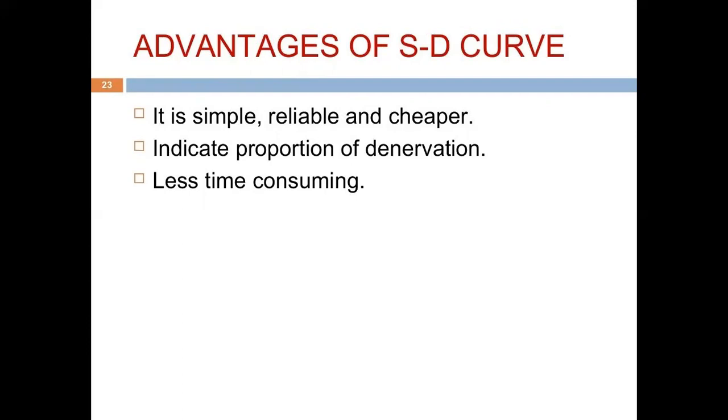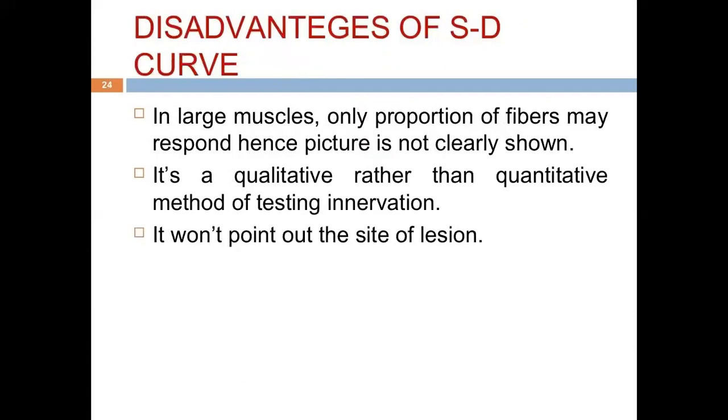It indicates the proportion of denervation, and it is less time consuming. The disadvantages of the SD curve are that in large muscles, only a proportion of fibers may respond, hence the picture is not clearly shown. It is a qualitative rather than quantitative method of testing innervation. It won't point out the site of the lesion.